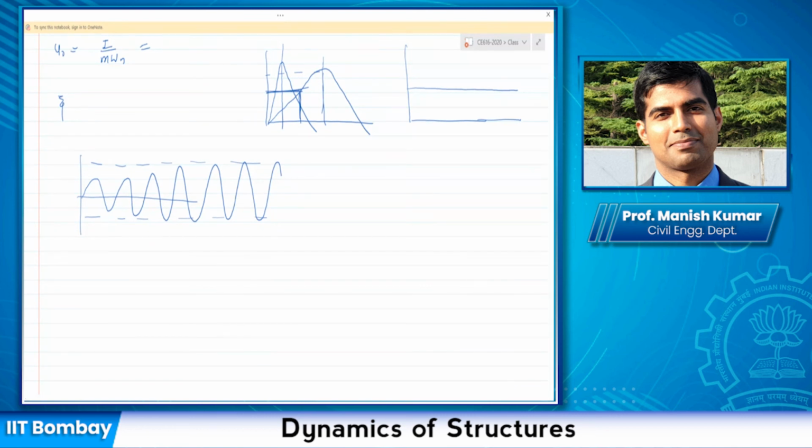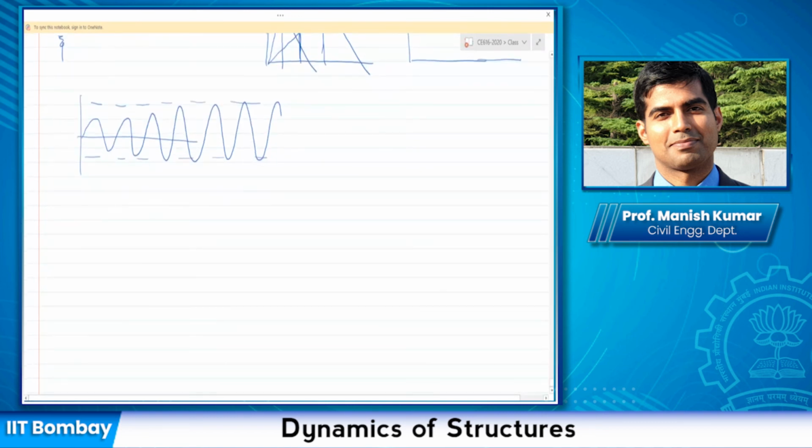And in that case also, remember, we were talking about the steady state response. We were not talking about the transient response. Remember this expression that we had derived, the peak response divided by UST naught was 1 by 2 zeta for the cases when omega by omega 1 equal to 1, right?